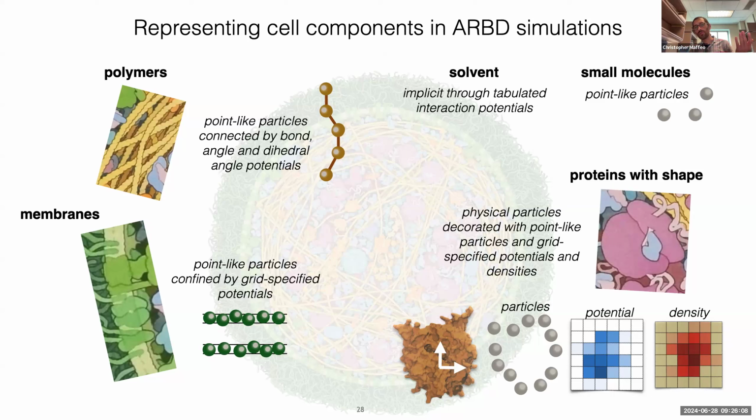What we would do is just confine the point particles representing the membrane in a grid potential. Small molecules would be represented by free point particles. And typically in the models that we've been producing, solvents, ions, and water are represented implicitly, not explicitly.